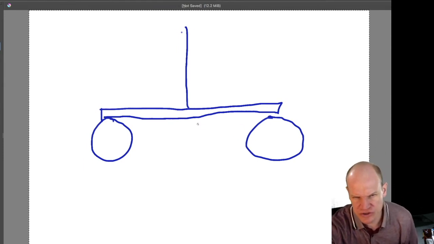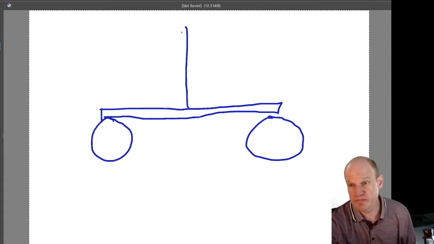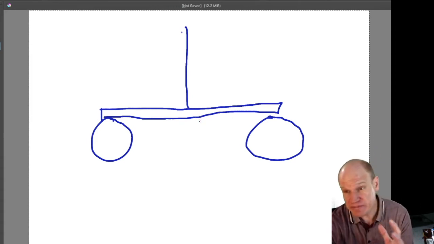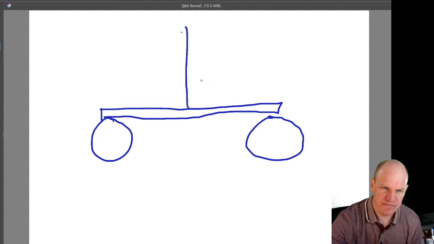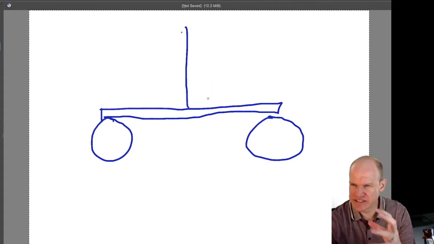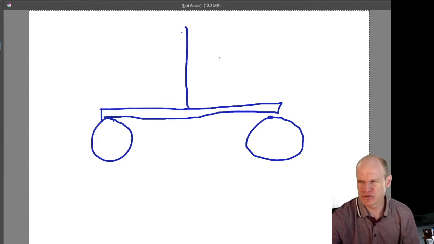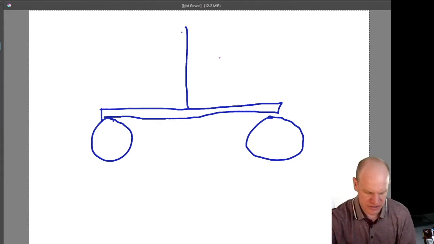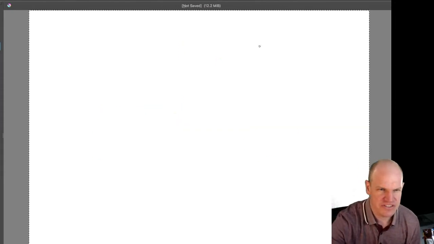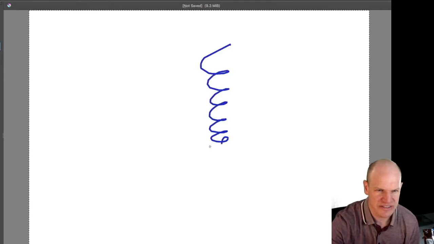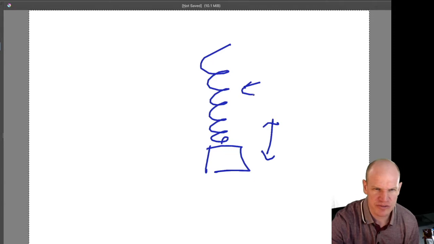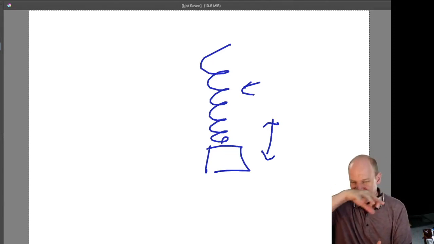Now, the reason that you want to do a torsion pendulum is that torsion pendula are extremely sensitive, because whenever you have some oscillating object, the frequency of the oscillation is going to be proportional to the equivalent of a spring constant. So let's say that you have a mass on a spring like this. This is going to oscillate up and down, and the stiffer the spring, the faster it will oscillate.